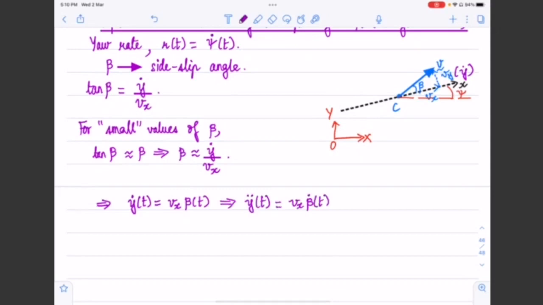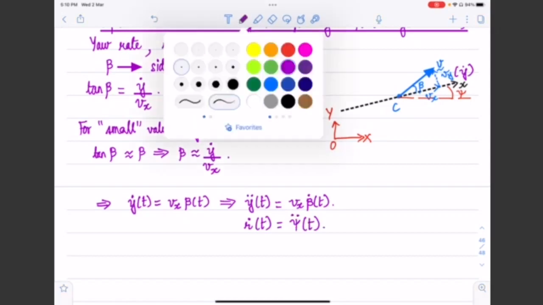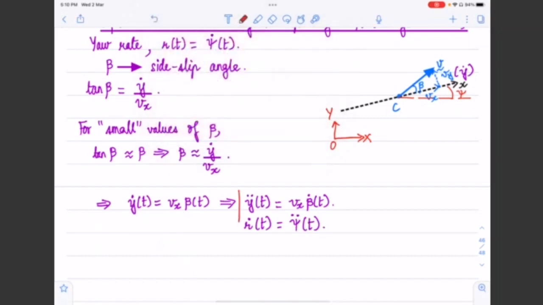Please note this one, it is important. That is point number one. Similarly, since r of t is the yaw rate, which is psi dot of t, r dot of t is equal to psi double dot of t, which is the yaw acceleration. The derivative of yaw rate is the yaw acceleration. Let's keep both these equations in mind.